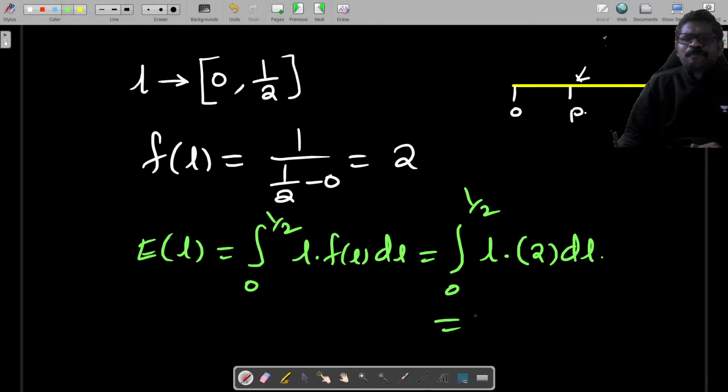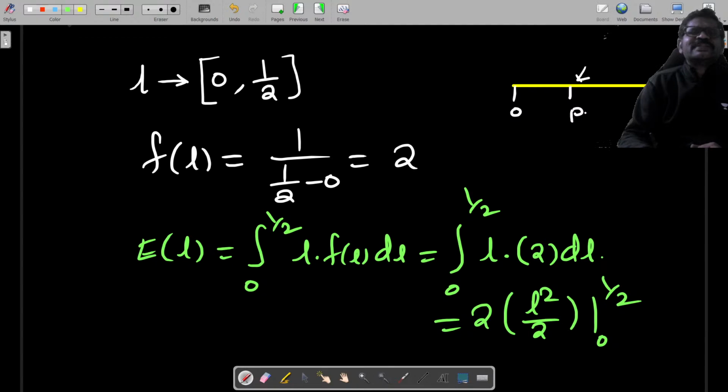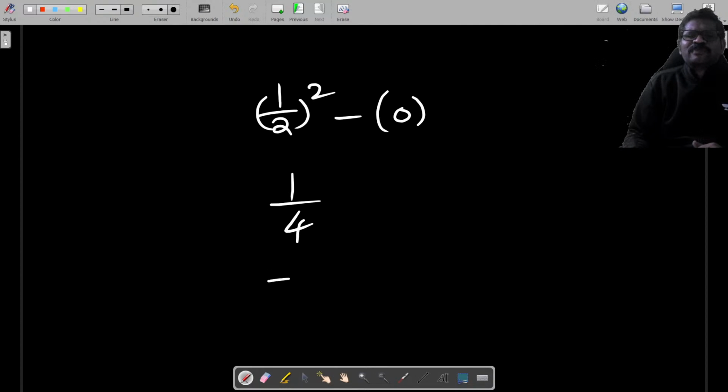That is 2 into L square by 2 from 0 to half. We can cancel this 2 and this 2. If you apply the limit, L square is 1 by 2 whole square minus 0, that is 1 by 4, that is 0.25.